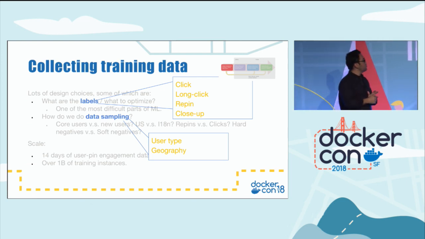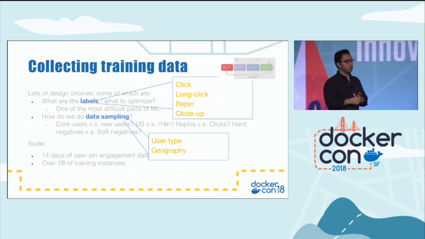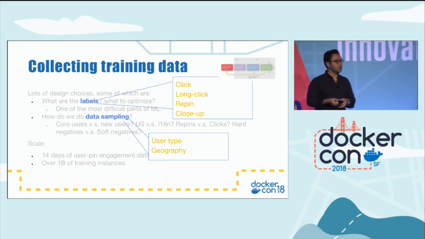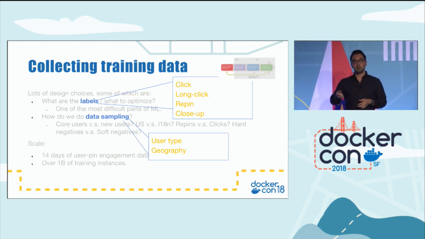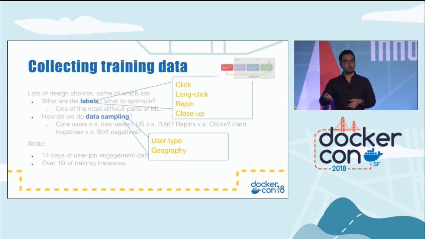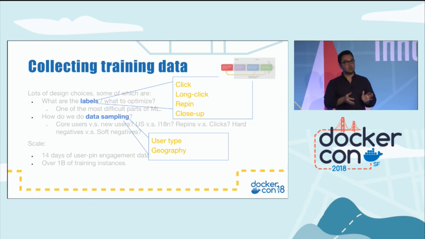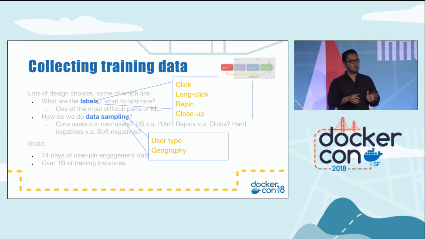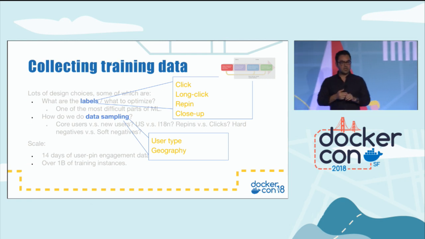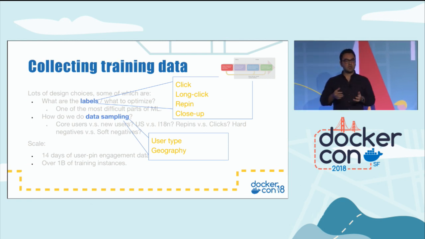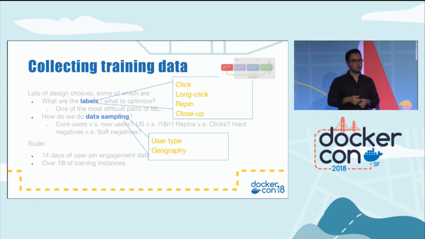And repin is one of our strongest positive indicators that you like that pin, because you went into all that trouble of creating a board or saving that to one of your boards. So that was a strong indicator, and we make use of that indicator both during sampling and the training. And the last one is close-up. So that is kind of a soft indicator oftentimes.